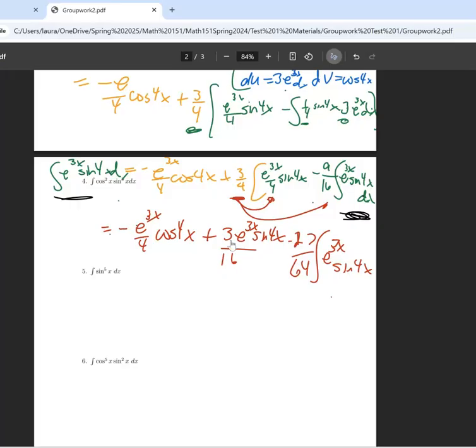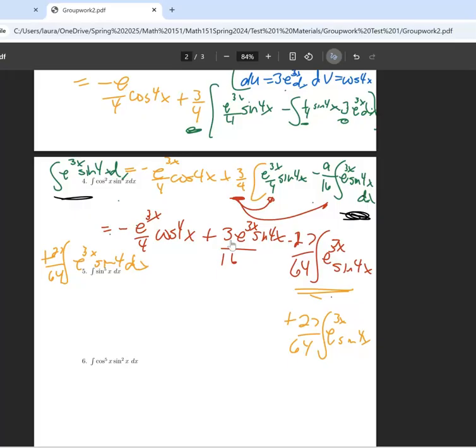Okay, so now I want to add this to both sides, right? I want to add 27 over 64 of e to the 3x sine of 4x dx to both sides, right? I'm just going to write it just so you really see what's happening. e to the 3x sine of 4x.